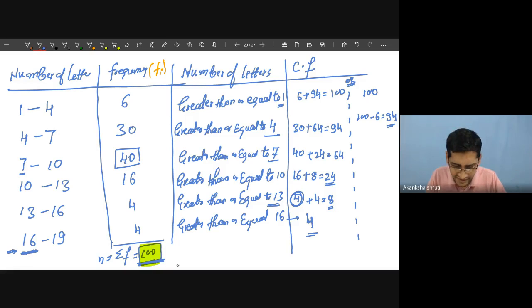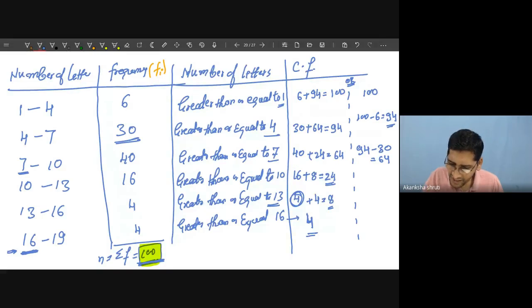You can write it anyway, but this method always creates confusion. So for this one, we have to subtract the previous to this 7, meaning less than 7, which is 30, from the 94, or 30 plus 6 from the 100. So I am taking 94 minus 30. This will also give you the same 64.